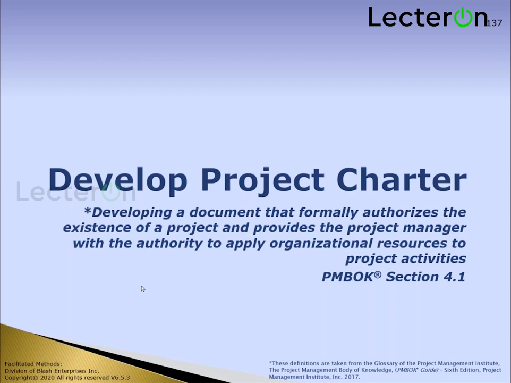So your project charter is a document that formally authorizes the existence of the project and provides the project manager with the authority to apply organizational resources to those activities. So that's the definition of this. This is the document that does that.